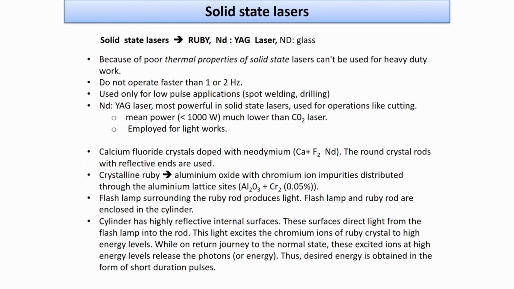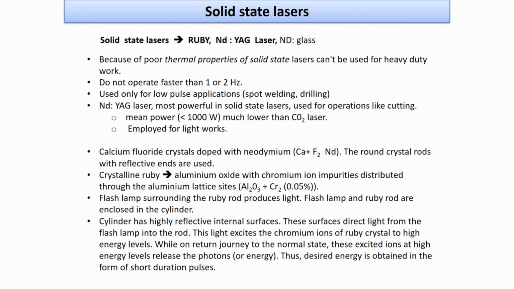Because of the poor thermal properties of solid state lasers, these lasers cannot be used for heavy duty application. This kind of laser will heat up, so it cannot be used for heavy duty operation. Also, solid state lasers do not operate faster than 1 to 2 Hz.